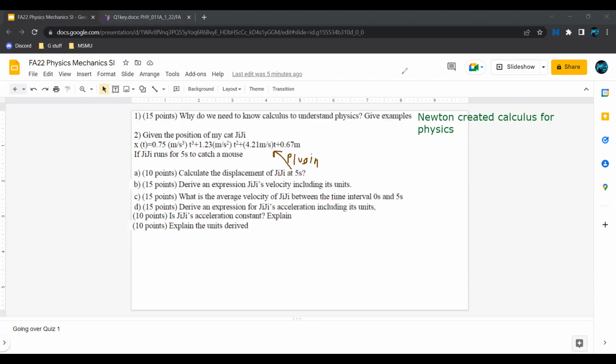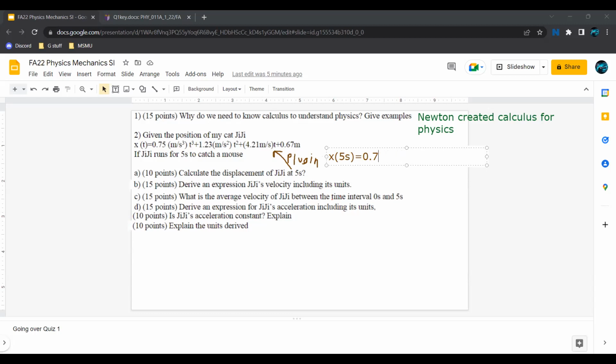Cool. And then I'm gonna type this one so that it goes by a little faster. So then we have x after 5 seconds is equal to 0.75 meters, and then I'm leaving a space.